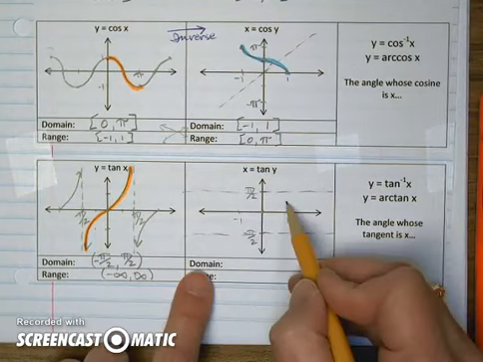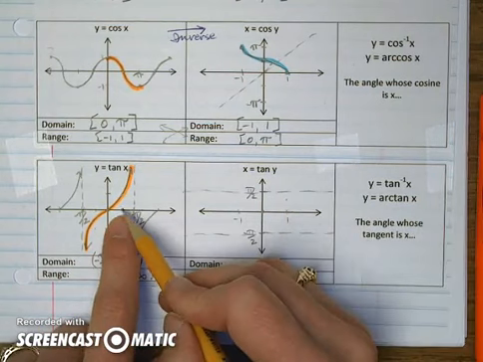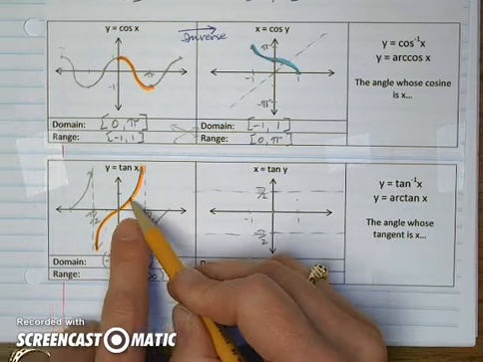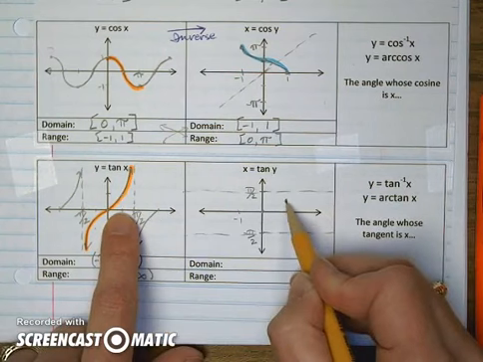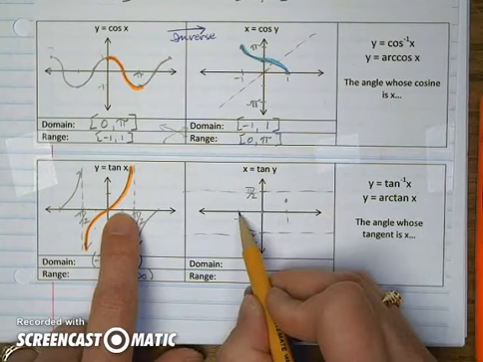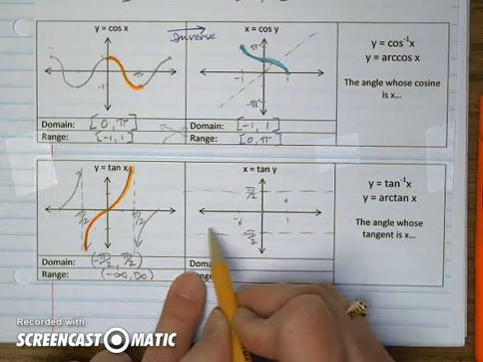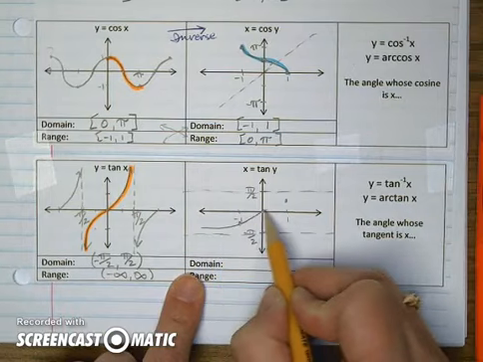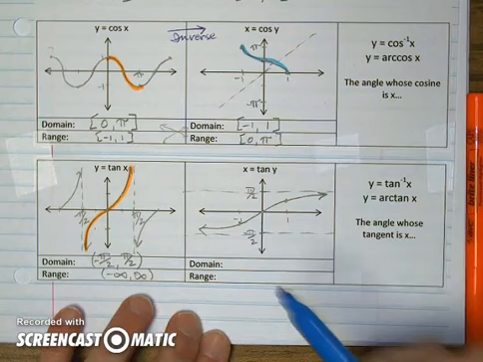Right? So we can graph this. At pi over 4, it was at 1, so now at 1, it's going to be at pi over 4. And at -1, it will be negative pi over 4. So you have this going on right here. Okay?